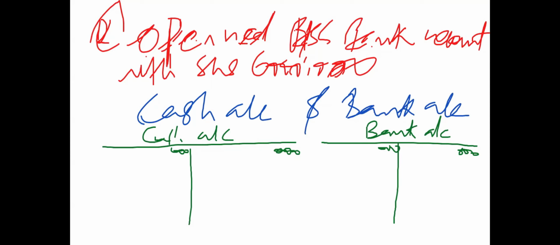So since the bank account is receiving money, we are going to debit it. So it's going to be June 2nd. Let me use a different color so that we can isolate. So let me just put here June 2nd, we are receiving cash.